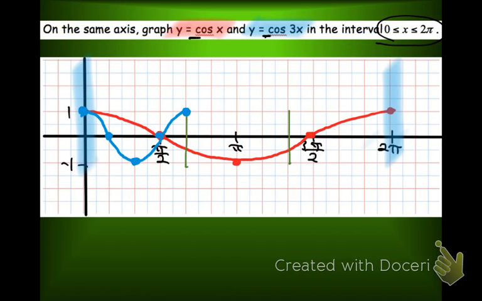And then you would do the same thing with the next one. So that wasn't such a great line. Let's try that again. And we would do it again with the last one.